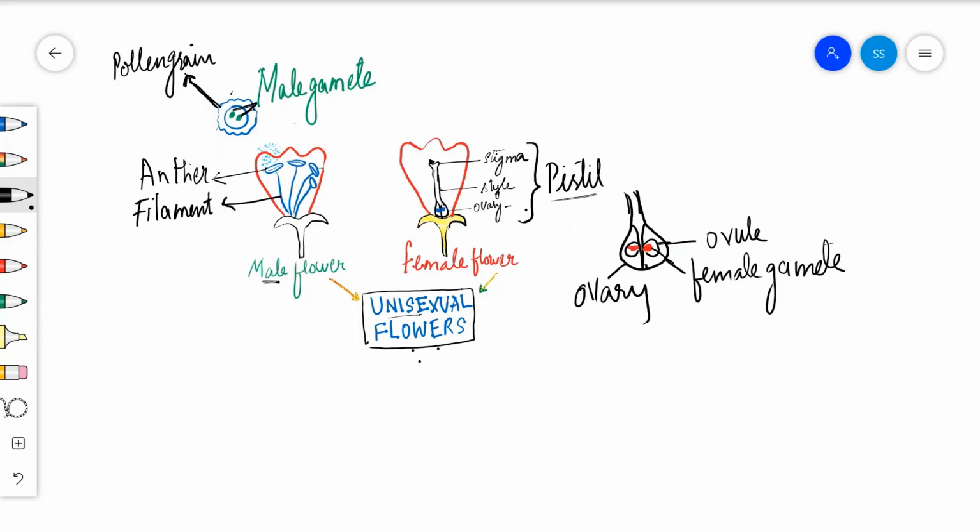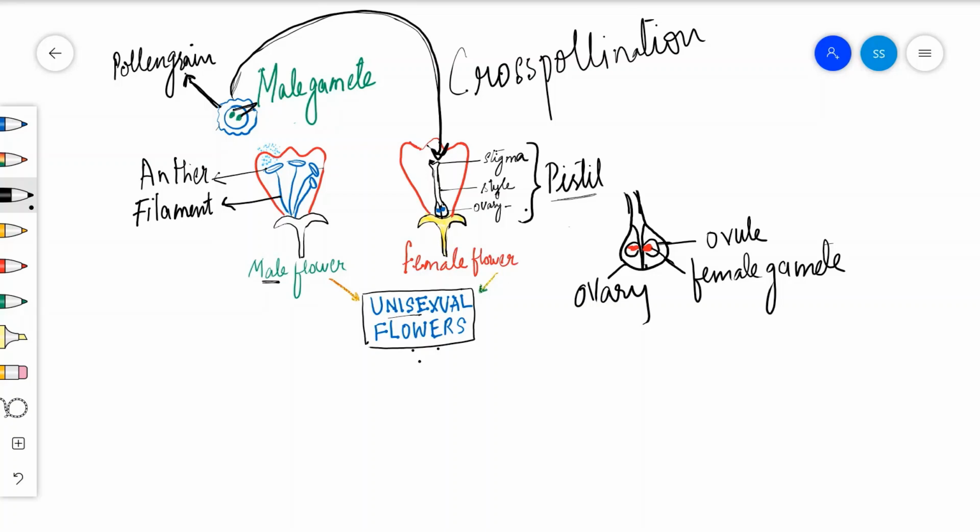So here what happens, the pollen which is produced from the male flower gets transferred to the stigma of the female flower. That is, from one flower to the other flower. The pollen is getting transferred from one flower to the other flower, and this is known as cross pollination.